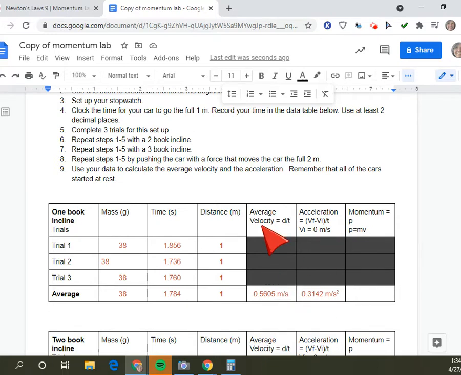But was the car going the same speed, the same velocity throughout the entire almost 2 seconds? No, it wasn't. There was some acceleration in there. It had to take a minute to get to the speed, and then it could have even slowed down a little towards the bottom of the ramp. So we can tell these numbers should be different because it wasn't going the same speed at the same time.